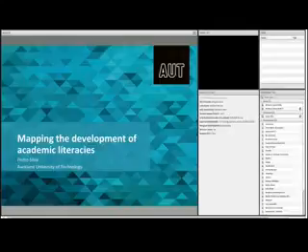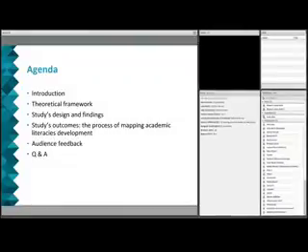Okay, so let's start. Today we're talking about mapping the development of academic literacy. Hopefully I'll provide you a little bit of an introduction. What do I mean when I talk about academic literacies? What's the understanding that we're using at AUT? A little bit of the theoretical framework that we're using for this fairly recent piece of work, a little bit of research that we've done, sharing some of the research design and findings, and the outcomes.